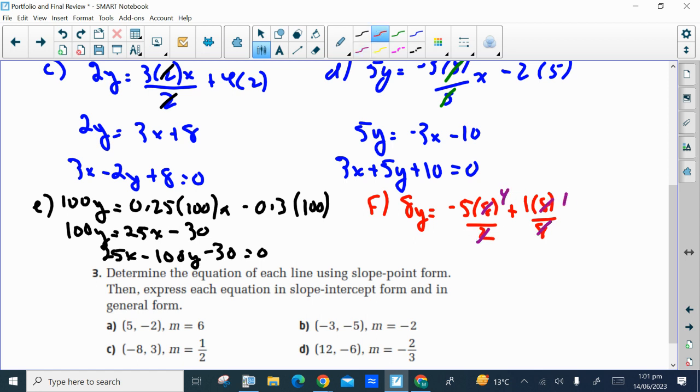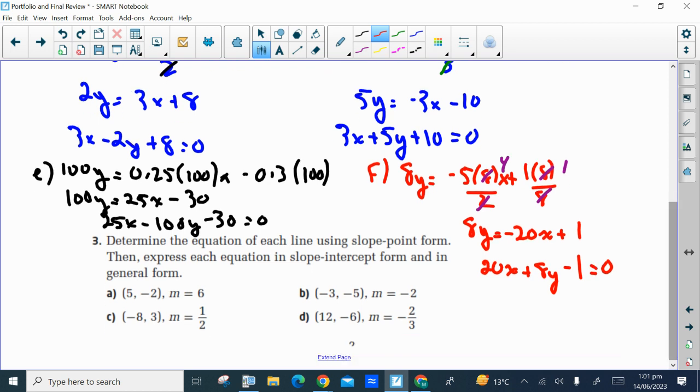So by doing those divisions, you've gotten rid of the denominators. You have 8y equals negative 5 times 4, and I forgot to write the x there. Negative 5 times 4 is negative 20x plus 1 times 1. And now we'll bring the 20x over to the left by adding it to both sides and subtracting the 1 to bring it over as well. So there's the equation in general form.